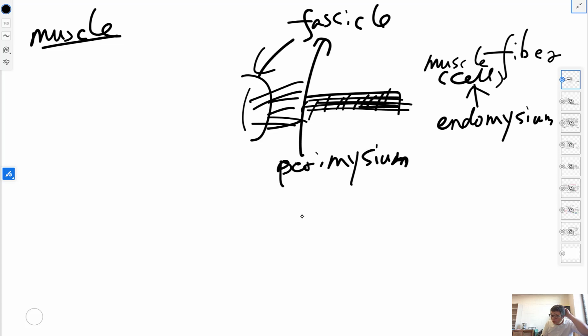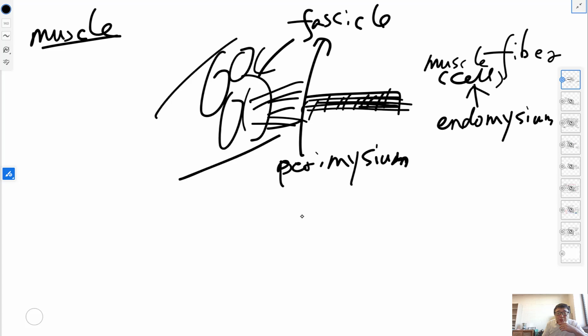And then within the perimysium, several muscle fascicles eventually make up one piece of muscle.